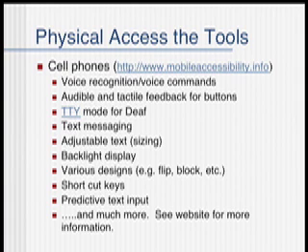Many phones contain such tools as voice recognition, voice commands, audible and tactile feedback for buttons, TTY mode for deaf and speech-impaired people, text messaging, adjustable text, a backlight display for increased visibility, various designs such as flip, block, etc. for easier handling, shortcut keys, predictive text input, and much more. If you are interested, I recommend going to the website on this slide for more information.